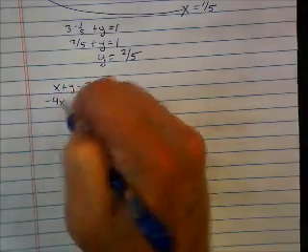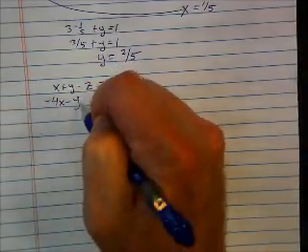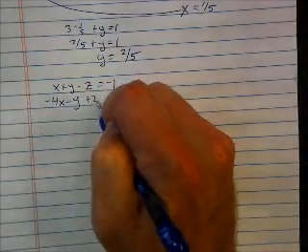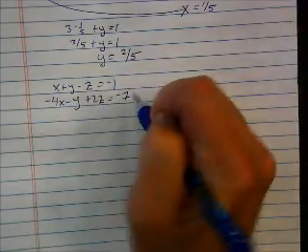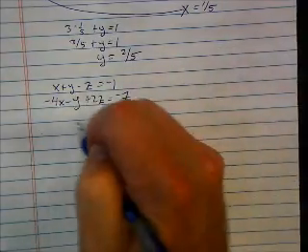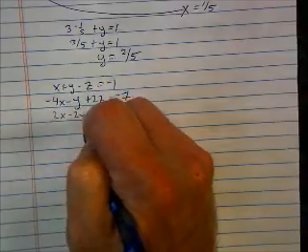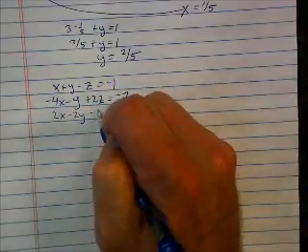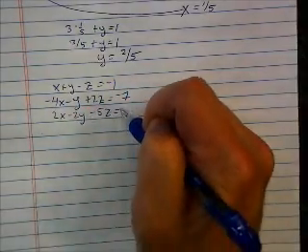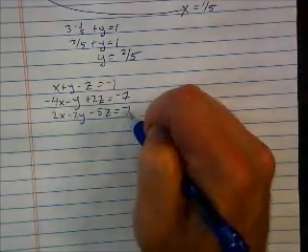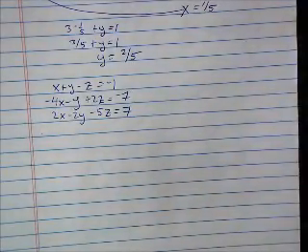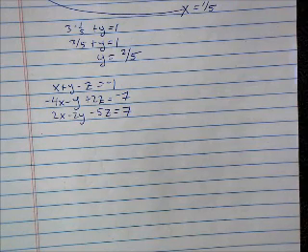Negative 4x minus y plus 2z is negative 7. 2x minus 2y minus 5z equals 7. So there's a 3 by 3 system. 3 equations with 3 variables.